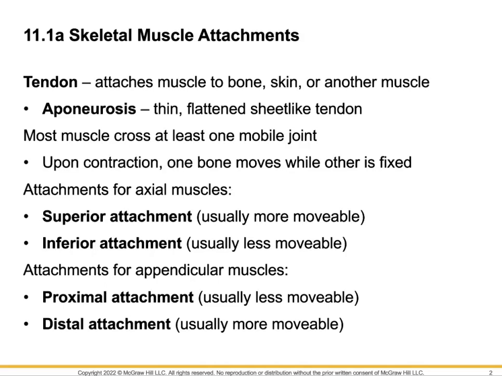If that muscle is going to pull your forearm toward your shoulder when you flex, then it has to attach across the elbow joint, because that's the joint that is going to move to bring the forearm up. So you have a proximal attachment closer to where the limb attaches to the body, and a distal attachment farther away. Shouldn't be anything new there.